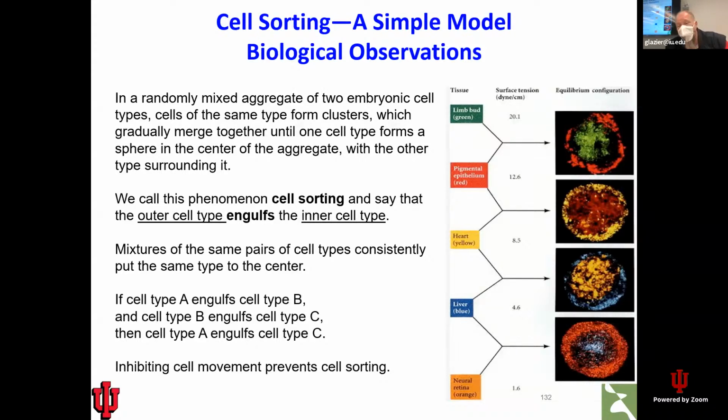And again, this is an experiment we used to do in my lab, in the old days. And we also find that the pattern of sorting behaves as if there really were a surface tension. And you could even estimate the surface tension.